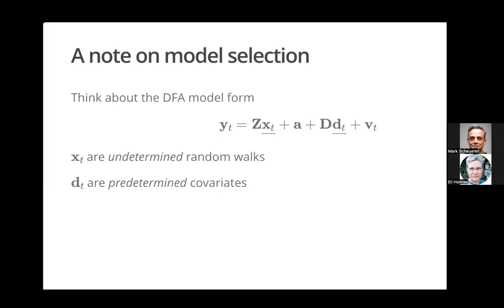In the MARSS package, you can use some combination of either expectation maximization or a BFGS solver to do that, because even after we zero out that upper right triangle, trying to figure out what elements these are in Z is a hard problem. It is a really hard problem.